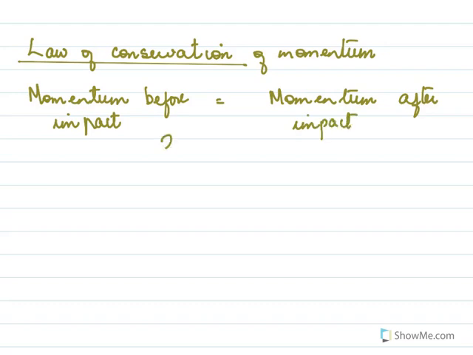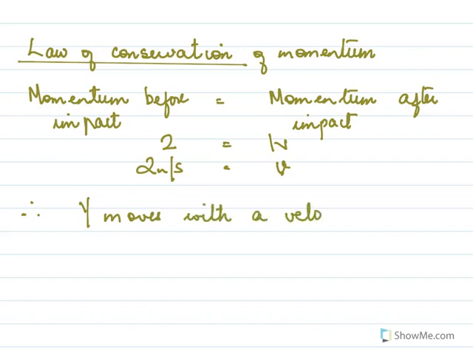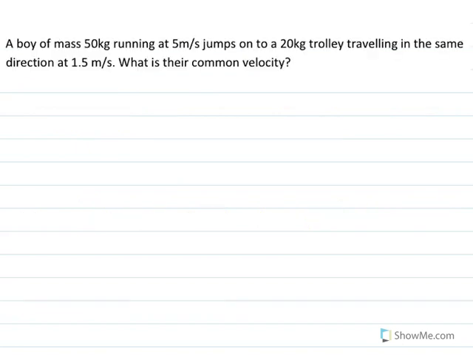Now before impact we know the momentum was 0, after impact it was 1 V. So we have V equal to 2 meter per second. Therefore the answer, Y moves with a velocity or a speed of 2 meter per second after impact.